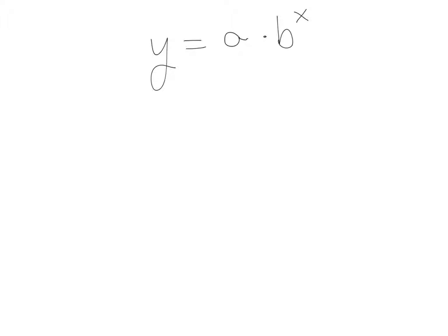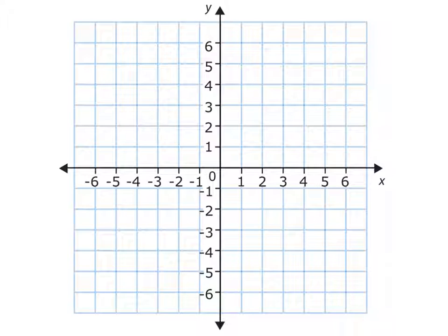What's most recognizable about an exponential graph is they have a couple of possible shapes. Exponential functions tend to have a very particular shape. They can either look like this, almost like a plane taking off this way, or a plane taking off this way, or they can look like this, sort of the mirror image of that.